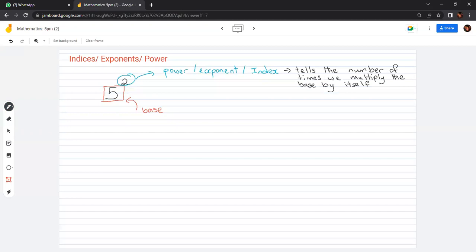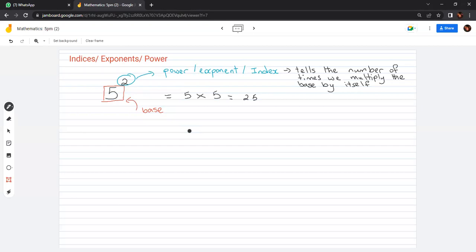So this is telling me that I have to multiply the base, which is 5, by itself 2 times. If they ask you to find the value or to solve it, you have to work it out. So 5 5s are 25. So if they tell you find the value of it, you work it out.